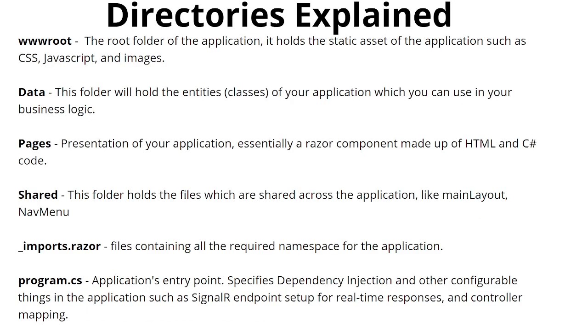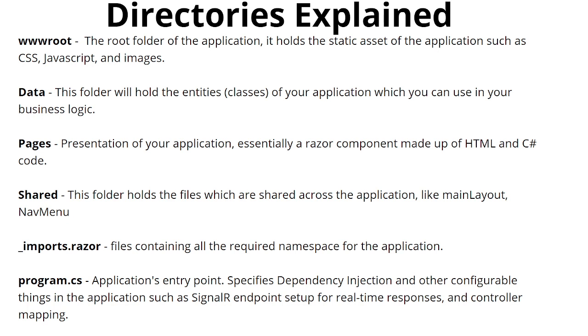This is about the directory structure, but the main files in the directory structure are _Imports.razor, where all the required namespaces will be stored. We will see that in a minute. And the Program.cs file, which of course is the entry point for any .NET application.